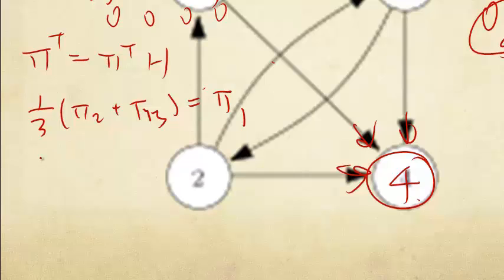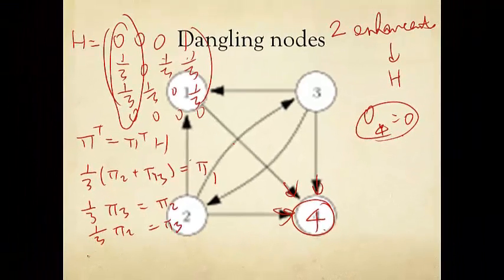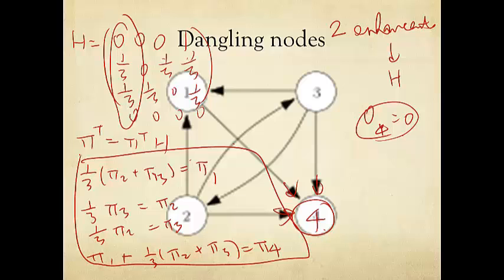And that's just because this is the first column of matrix H. And then we have 1 over 3 pi 3 equals pi 2, 1 over 3 pi 2 equals pi 3, and pi 1 plus 1 over 3 pi 2 plus pi 3 equals pi 4. If you look at this system of 4 linear equations, the only solution is that all pi's are 0.